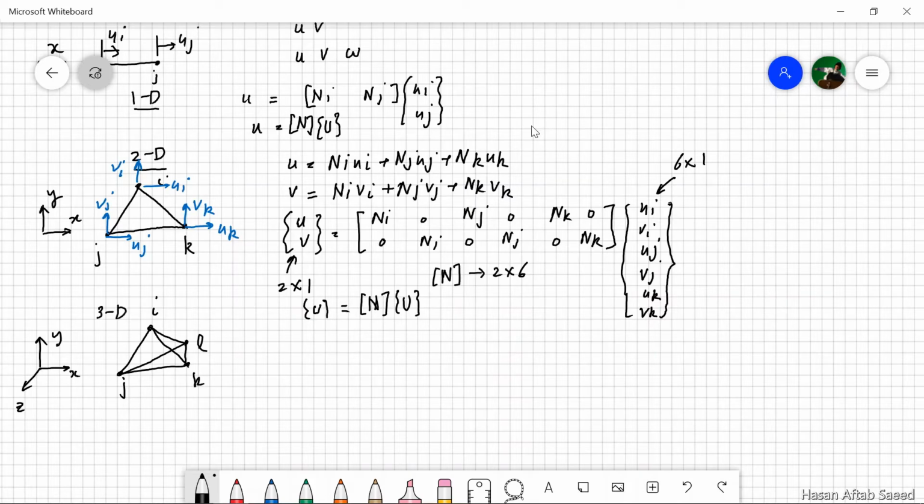This is the 3D case. Now, replacing phi for a 3D simplex element with u, v, and w, we'll have to write it like this: u is equal to ni ui plus nj uj plus nk uk plus nl ul.